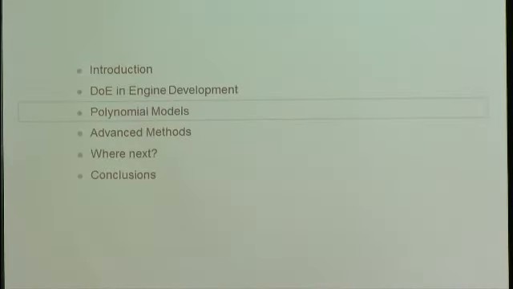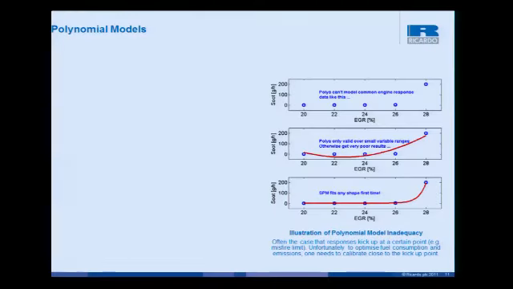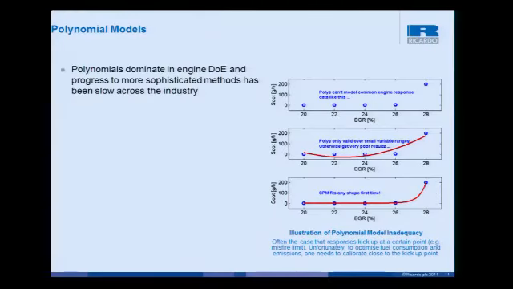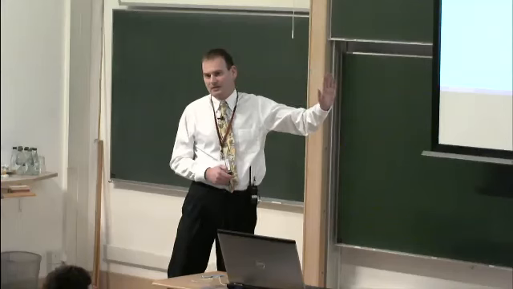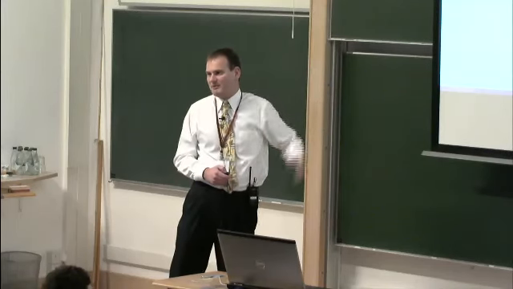Okay, so polynomial models. They dominate in engine DoE just like they dominate other areas of DoE, and it's always seemed strange to me because lots of times in engine testing we have characteristics which are either flat or improving slightly and then kick up into, well, if the engine goes into misfire or something.